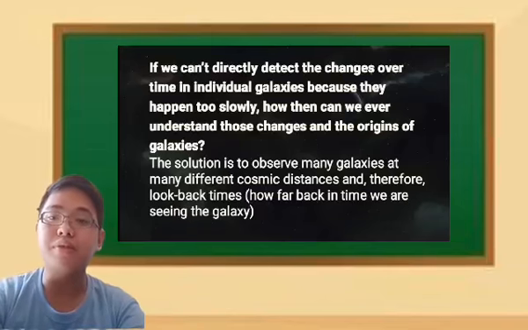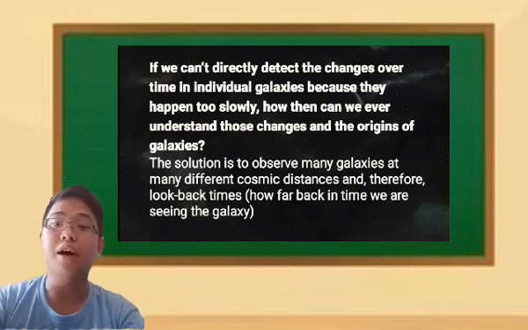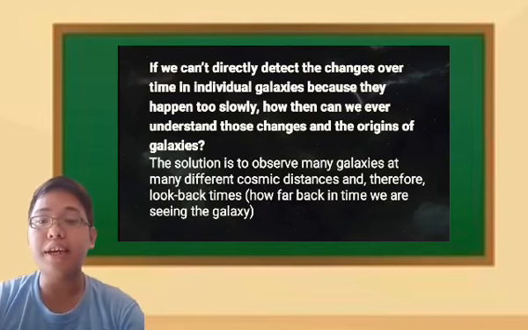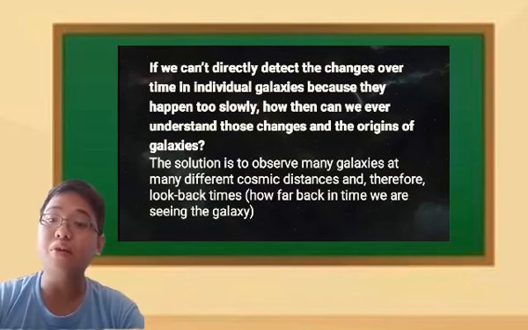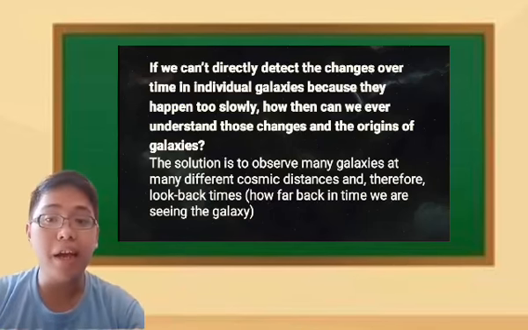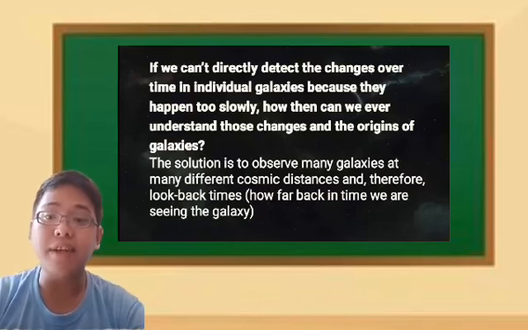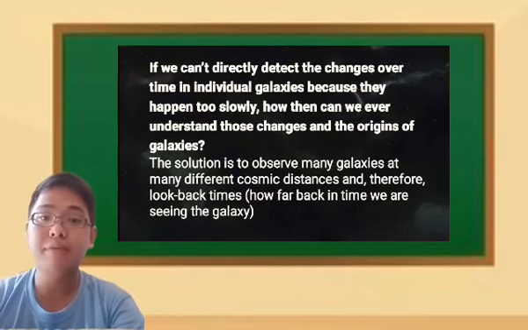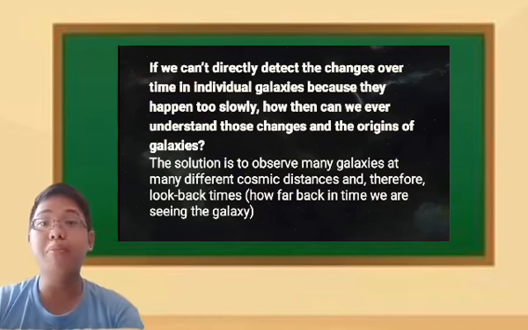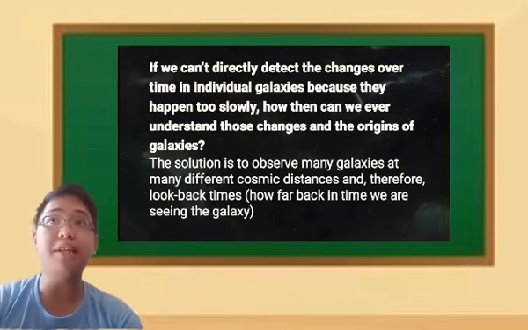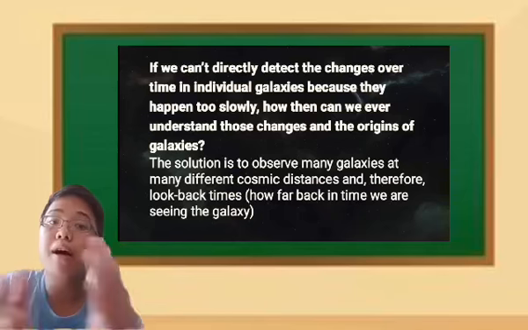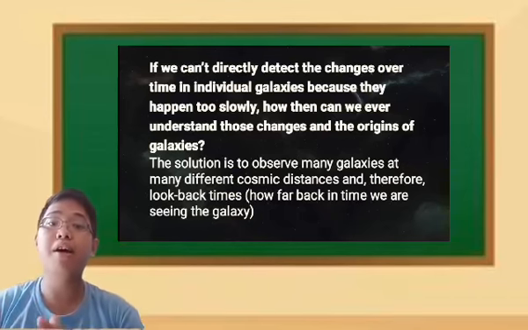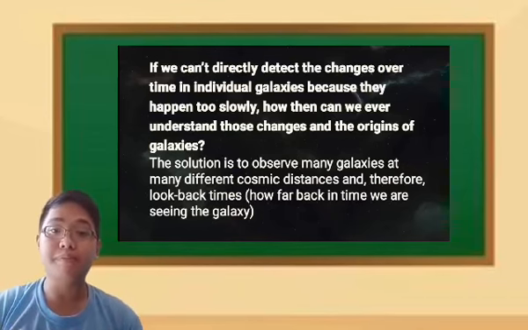Next slide. This is the big question. If we cannot directly detect changes over time in an individual galaxy because they happen too slowly, how then can we ever understand those changes and the origins of galaxies? The solution is to observe many galaxies at many different cosmic distances, and therefore look back times, or how far back in time we are seeing the galaxy.